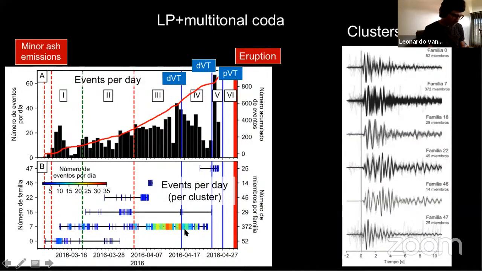There are some interesting things, like before this swarm of events, we see the number of this cluster going up, and also this family is very tightly concentrated after this swarm. Is there any relationship? I'm not suggesting it right now, but it might be. We'll talk about it later.